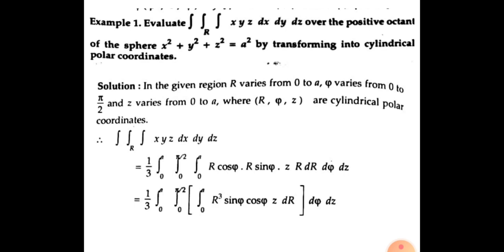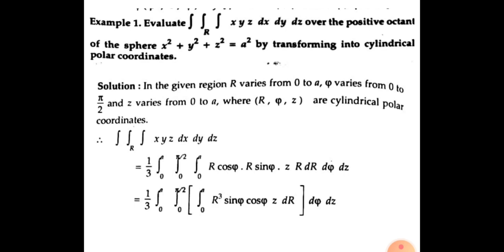Therefore, the triple integral of xyz dx dy dz over R is equal to 1/3 integral of 0 to a, integral of 0 to π/2, integral of 0 to a, r cos φ into r sin φ into z.